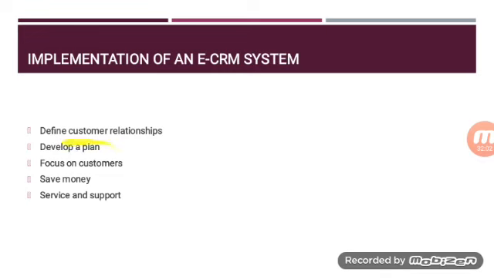That is, develop a plan. It means you have to know which customer you want to target and what kind of customization you can provide to this particular customer segment. And you will also need to develop a customer relationship management program within your business.